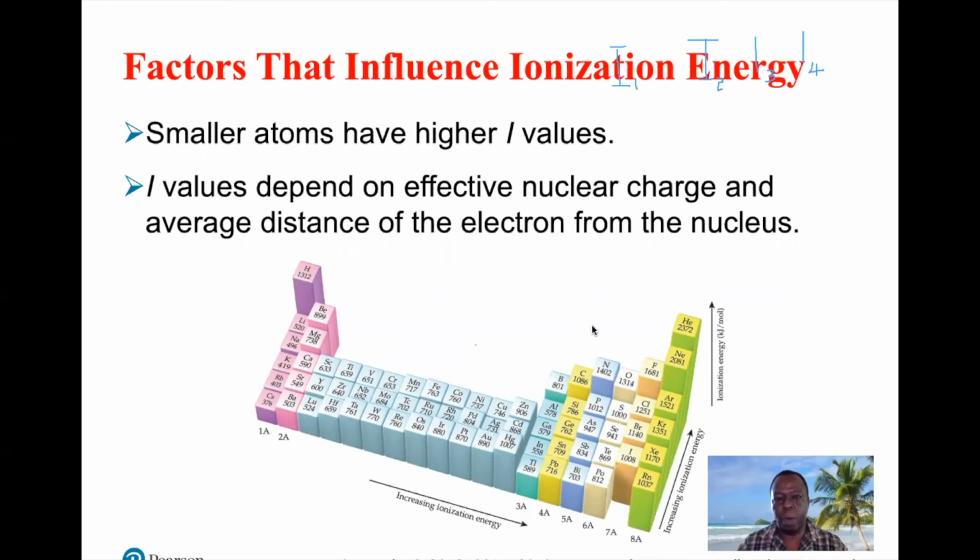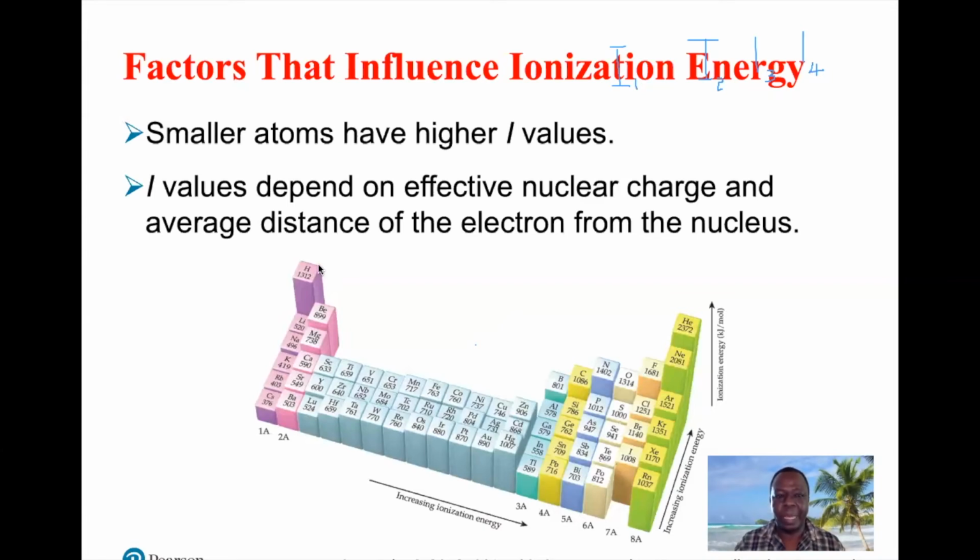The smaller the size of an atom, the more difficult it is to do what? To remove the electron, because the electrons are closer to the nucleus. They feel that impact from the protons, and therefore it is very difficult to remove that electron.